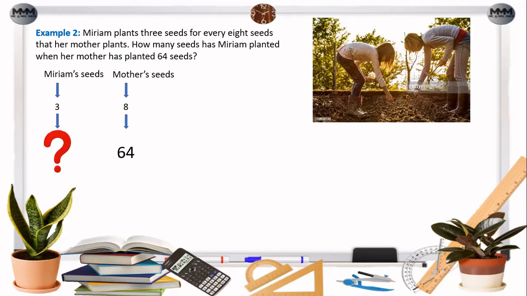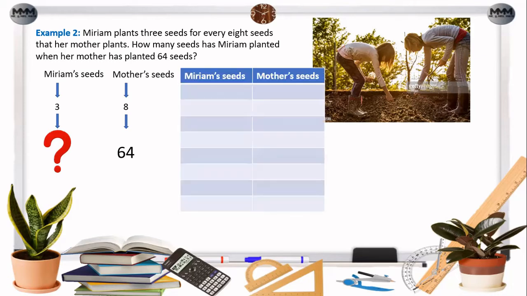In this problem, how many variables do we need to consider? We have Miriam's seeds and mother's seeds. Hence, we will consider 2 variables. It means in our table, for our second step, we will be considering 2 columns only, for Miriam's seeds and for mother's seeds.